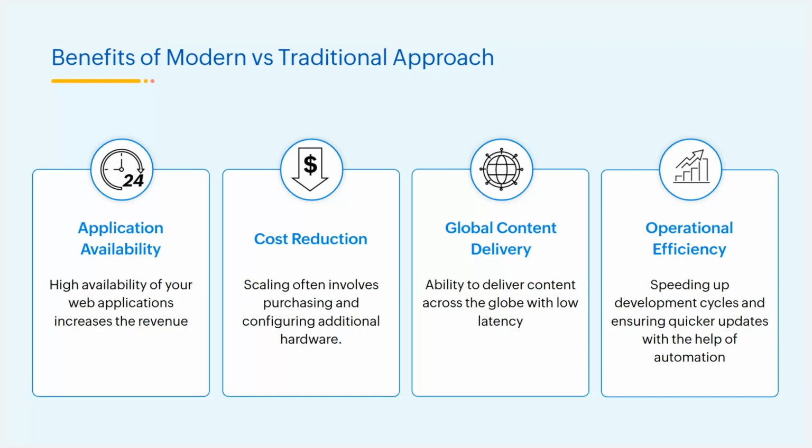The last one is operational efficiency. Managing and maintaining traditional applications involves manual processes for deployment, scaling, and maintenance, with limited flexibility in responding agilely to changes in business requirements.